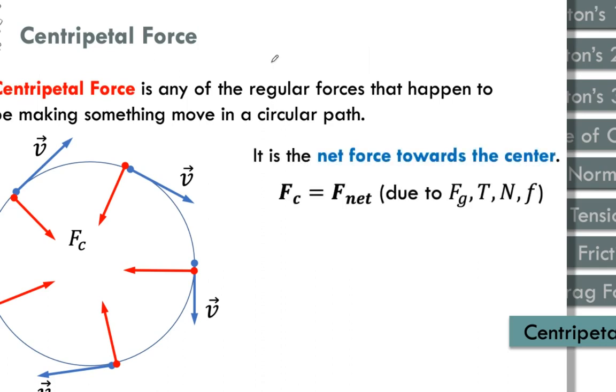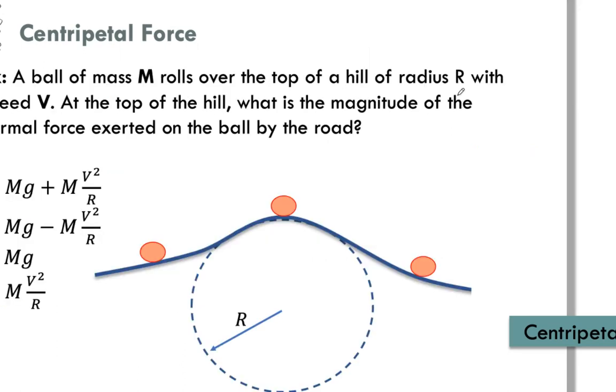Okay, as we said, centripetal force is a type of net force. It's going to be due to the force of gravity acting on an object, the tension in a string, the normal force of a track on a roller coaster, or the force of friction. It is not drawn on a free body diagram and is not a force itself.